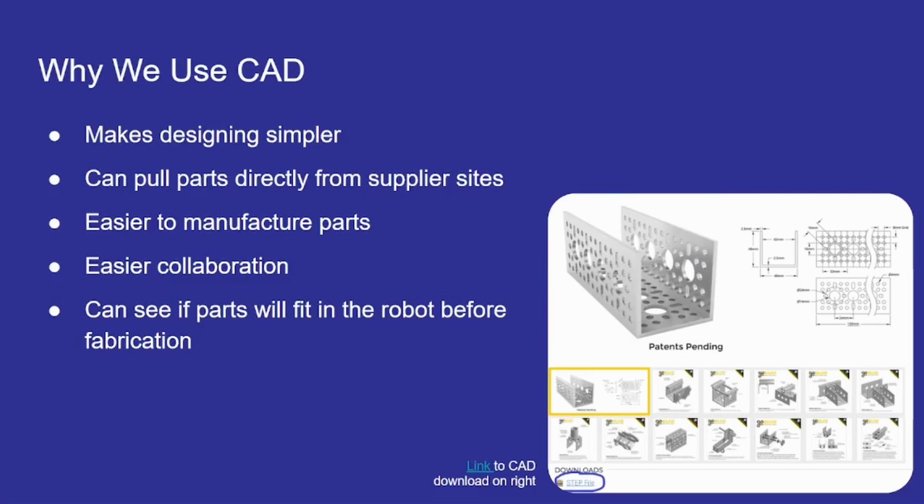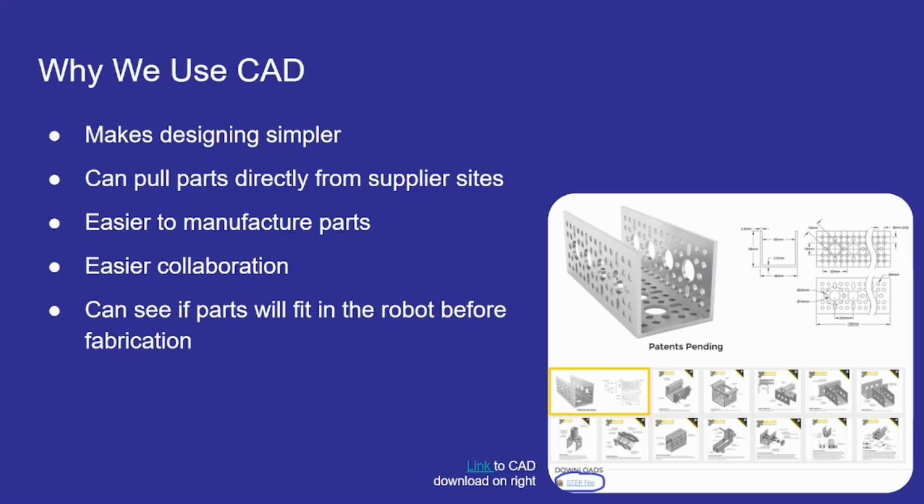So why do we use CAD? Well, we use CAD because it makes designing simpler. You can pull parts directly from most suppliers, and that'll be in the form of a step file. It's easier to manufacture parts because you can then use CNC machining or 3D printing, which will be talked about in a different video.